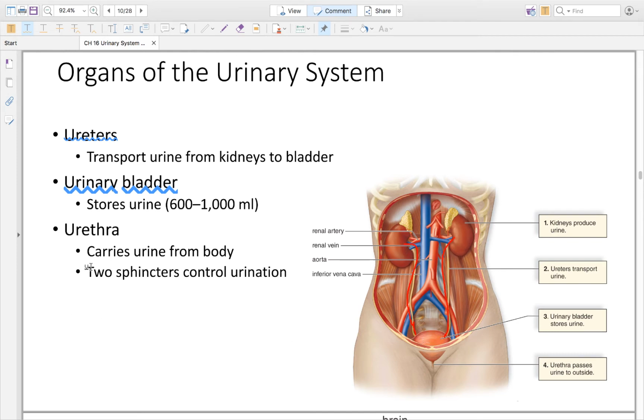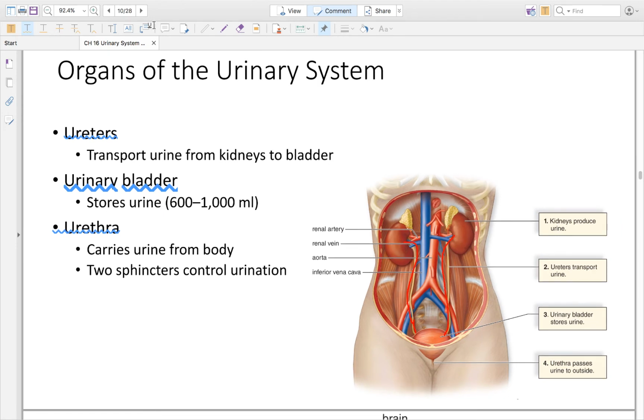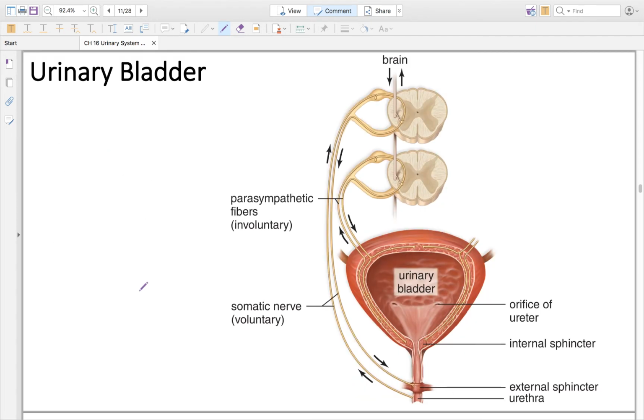Let's not go into that yet. Now, the urethra carries urine outside of the body, and it has 2 sphincters. It has a sphincter on the side closest to the urinary bladder, and then it has another sphincter. So it has 2 sphincters that control urination.